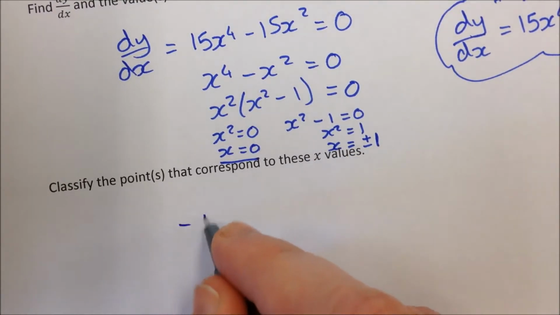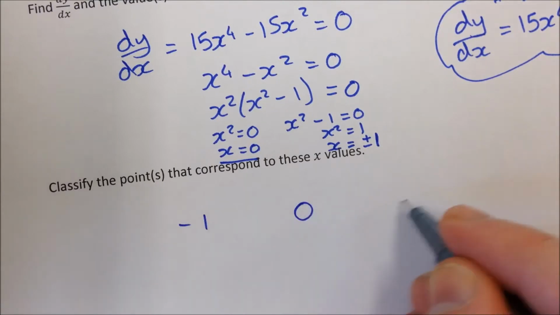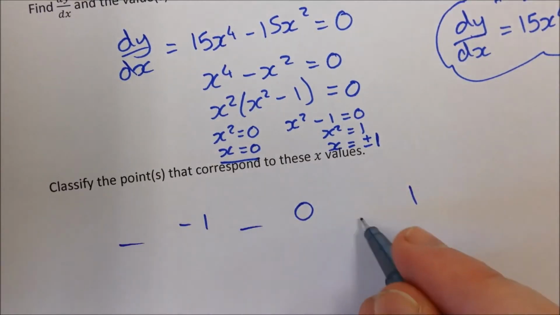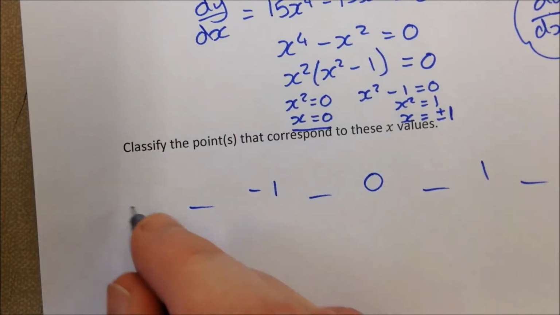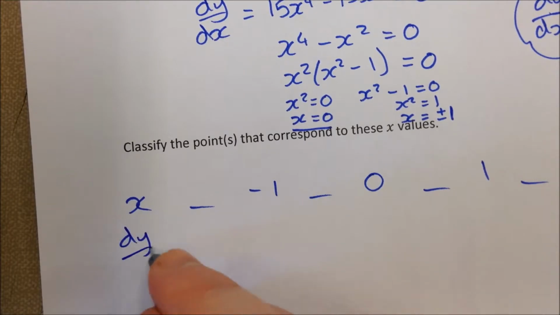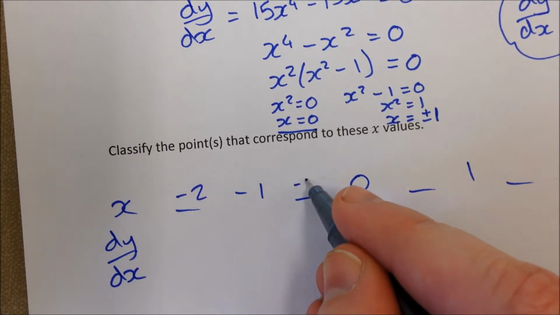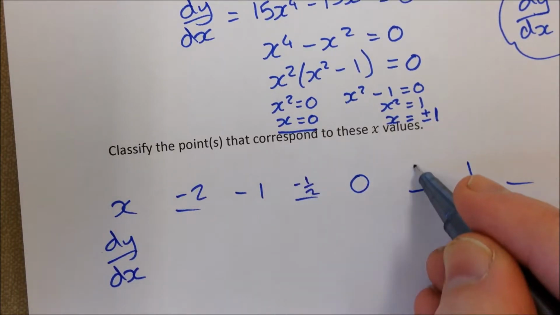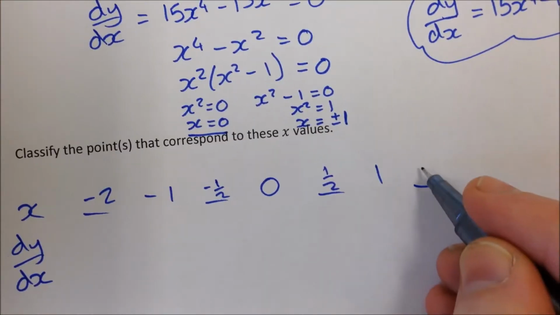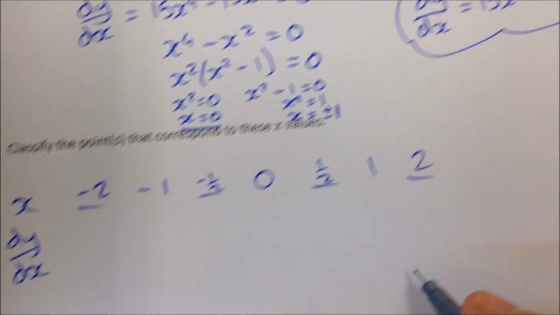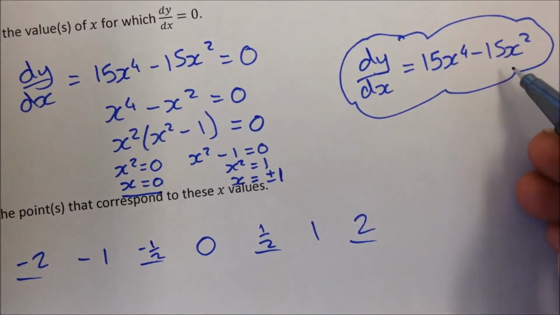We've got -1, we've got 0, and we've got 1, and we want a point on either side of them. So we want -2. I'm going to have to pick -1/2 to go in between there, 1/2 there, and how about 2 there? And we're going to put them into this formula.